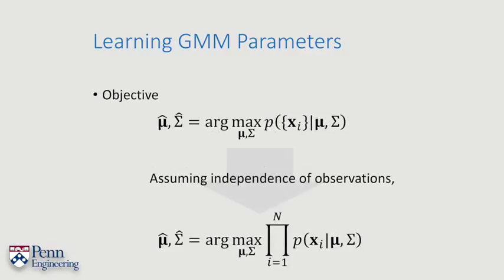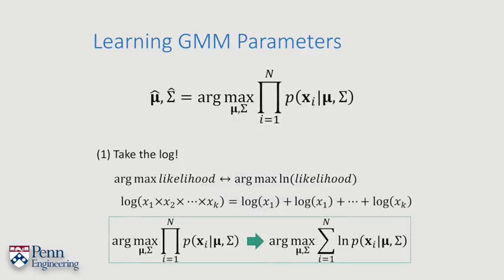As before, instead of maximizing the joint probability, we can assume independence of all observations and maximize the product of each probability. Next, we take the log and maximize the sum of the log of probabilities instead of the product of probabilities. So far, we get the same result.